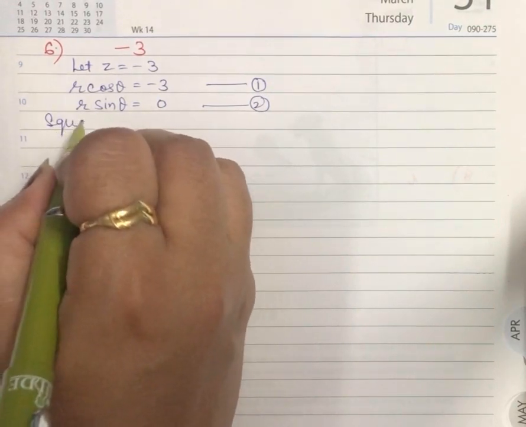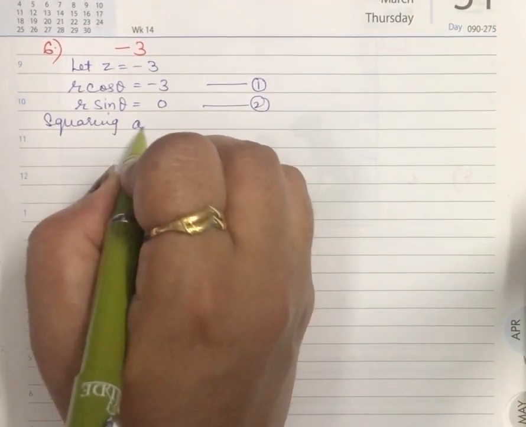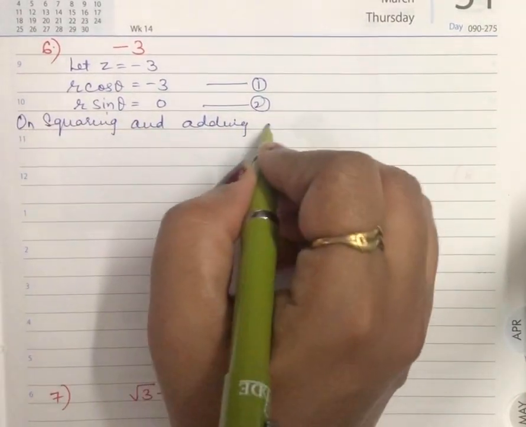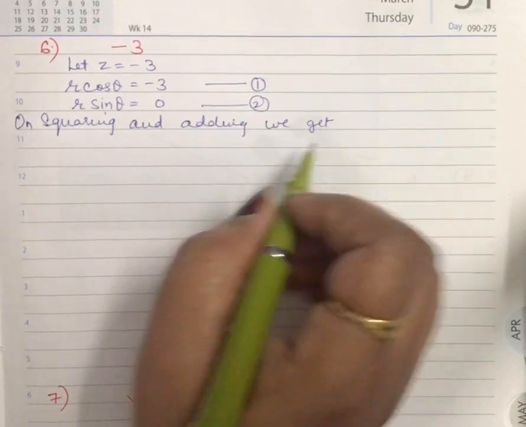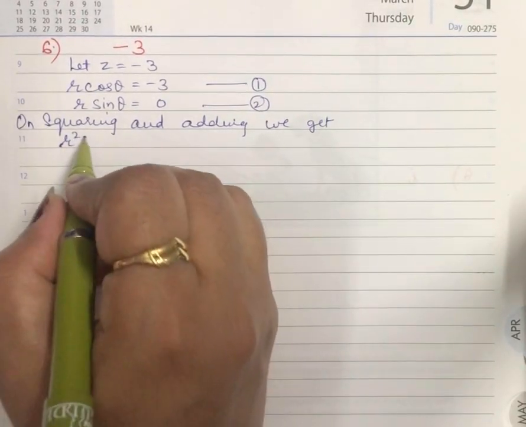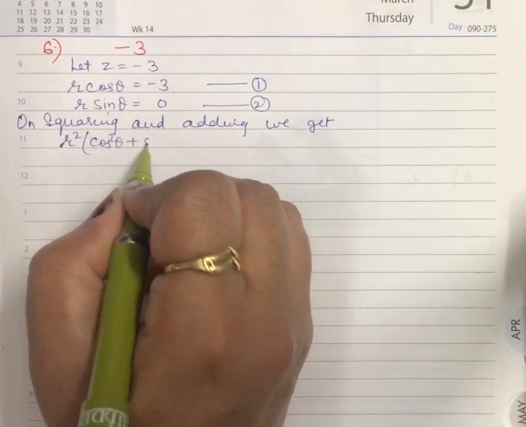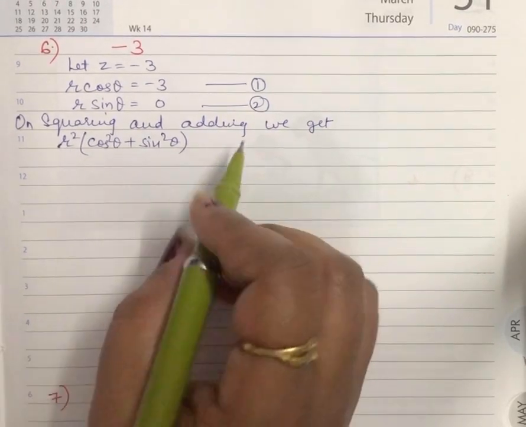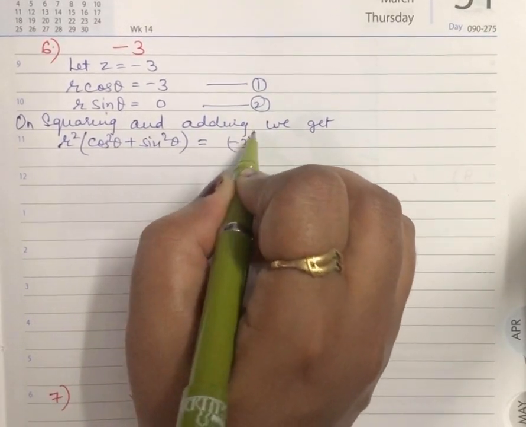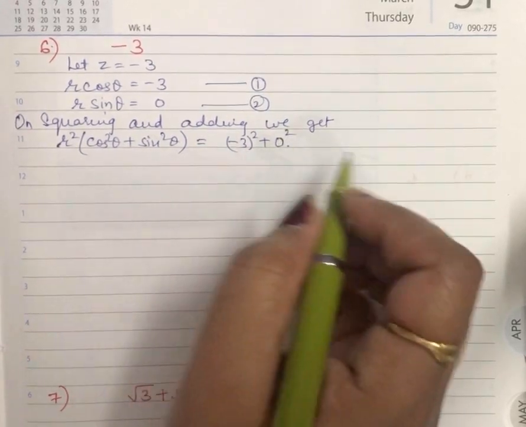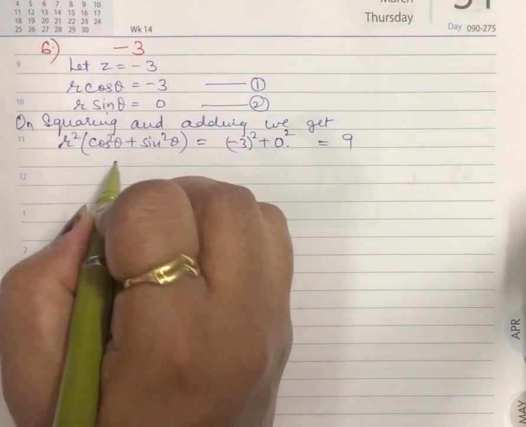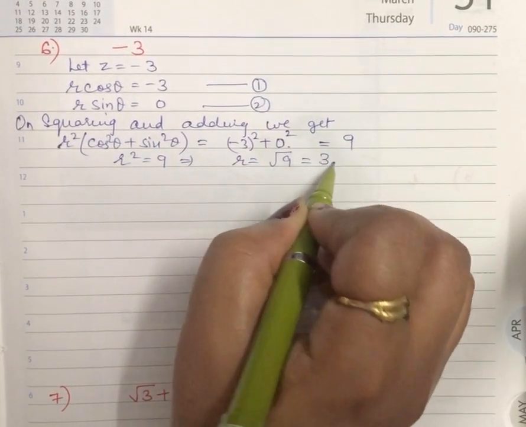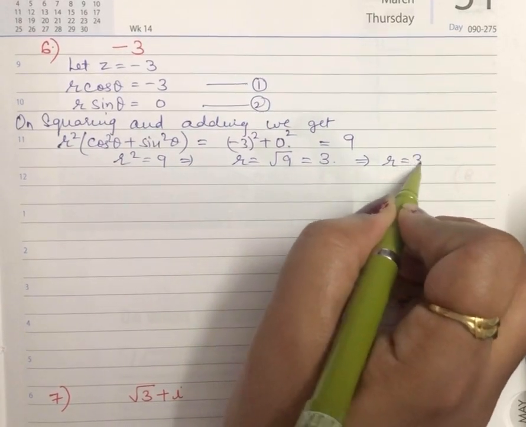So squaring and adding, we get r square (cos square theta plus sin square theta), r square is common, equal to (minus 3) whole square plus 0 square. So it becomes 9. So r square is 9, which implies r equals under root 9, that is 3. So r is 3.